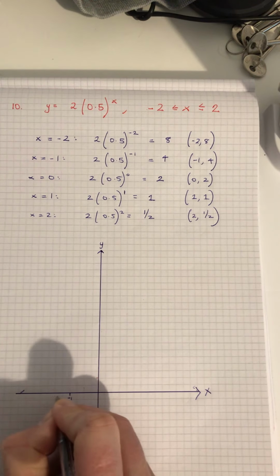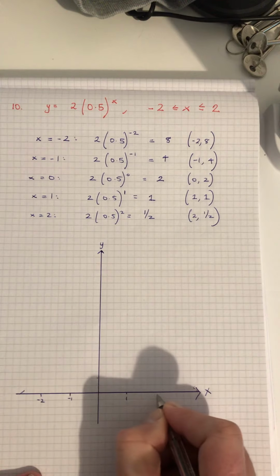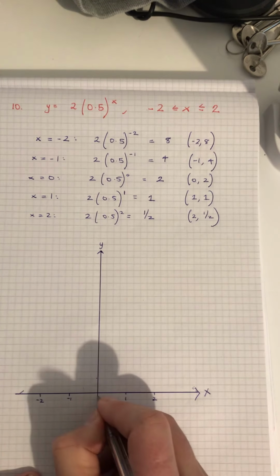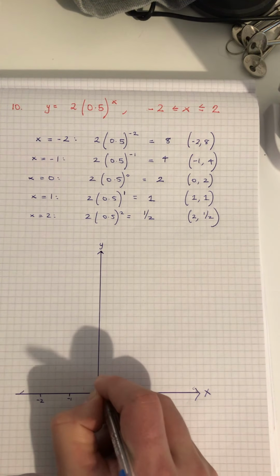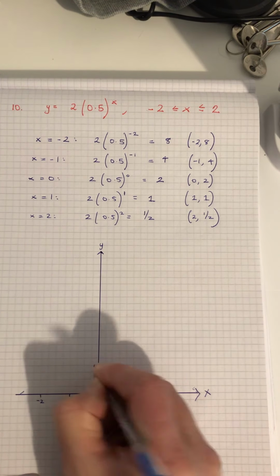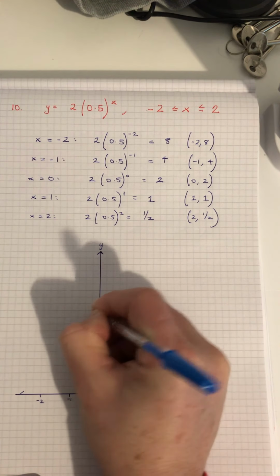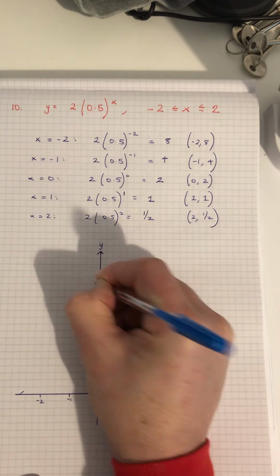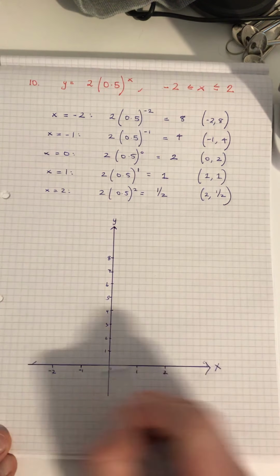I'm just making the scales a little bit bigger this time for you. 1, 2. So this time I'll go up 1, 2, 3, 4, 5, 6, 7, 8. Just to show you, it doesn't matter which way you do the scales as long as it's consistent.